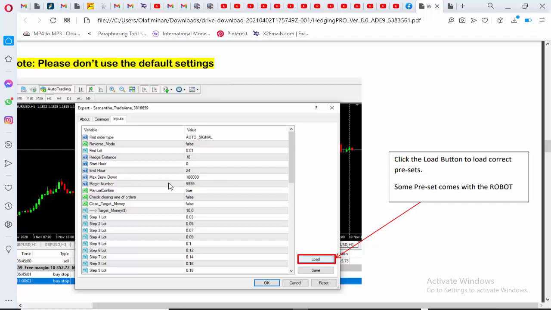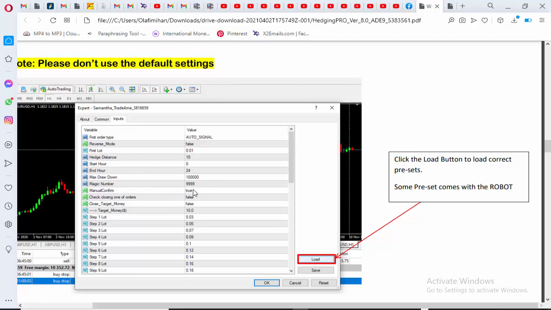So the software will not get confused about which one to buy and which one to sell. By putting 1 here for buy and 2 here for selling, you have told the software that I'm trading the buying chart independently, and the selling chart independently. So that's the purpose of the magic number. It's very important for anybody that is hedging in the market.